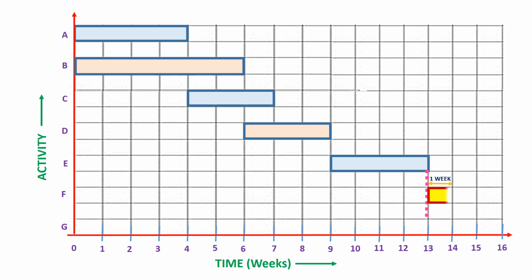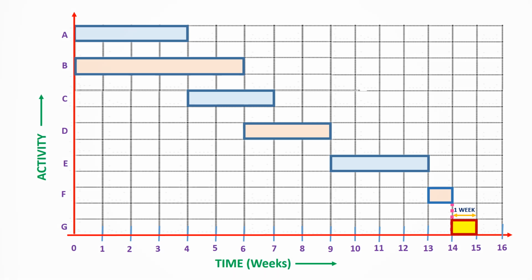So activity F will look something like this. Now for activity G, it is going to start after activity F is completed at time t equal to 14, and the duration of activity G is 1 week, and therefore activity G will look something like this.